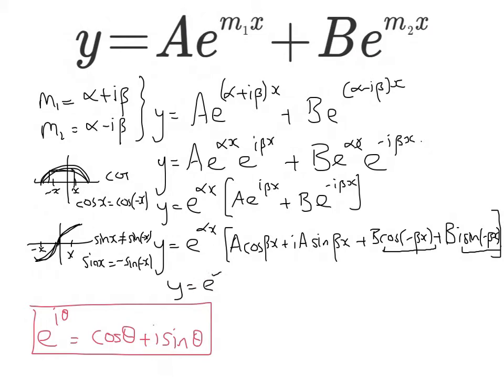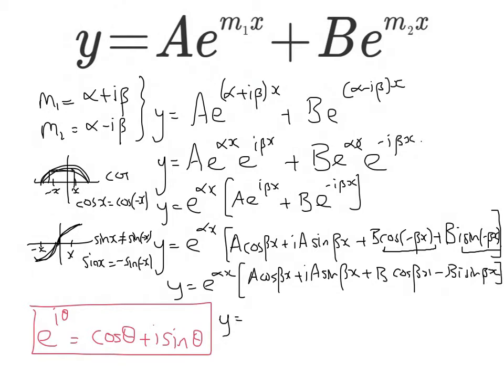That gives me the following: e to the alpha x, a cos beta x plus i a sine beta x plus b cos beta x minus b i sine beta x. And now I can join together my cos and sine beta x's.